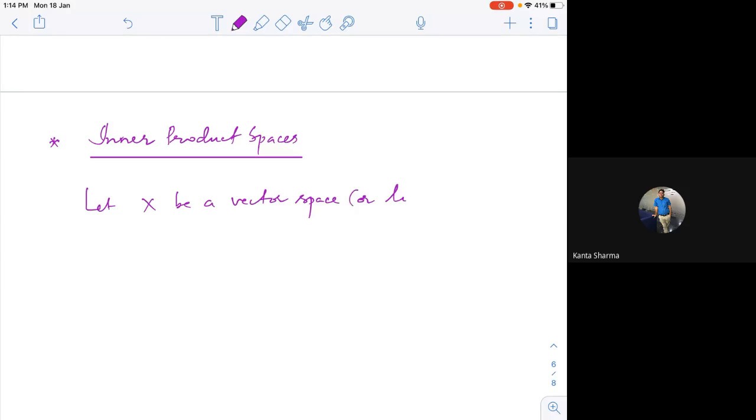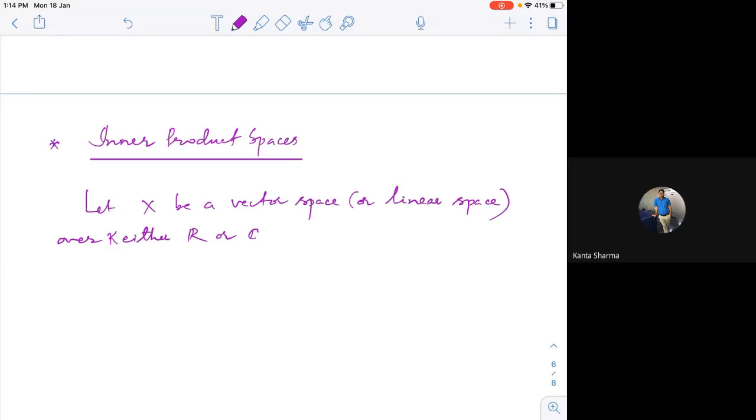It has another name, linear space over K, where K is either R or C, right? K is either R or C.